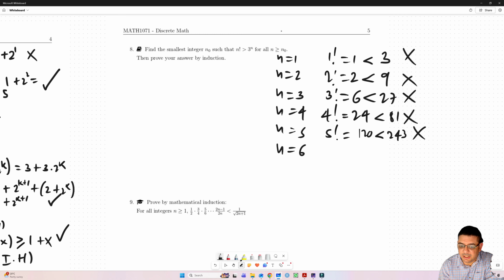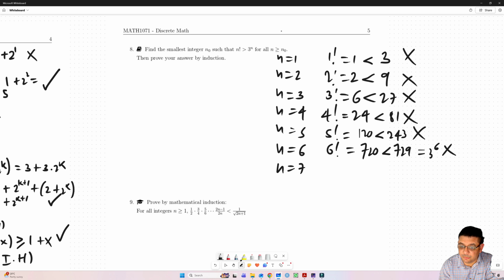Let's see. N equals 6. 6 factorial is now 720. And this is yet less than 729. But ooh, look at this. Starting to catch up. So 3 to the 6, which is 729, still bigger than that.